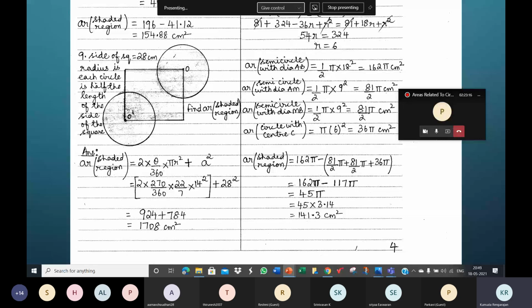Find the area of a quadrant whose perimeter is 25 centimeters. This is the question.